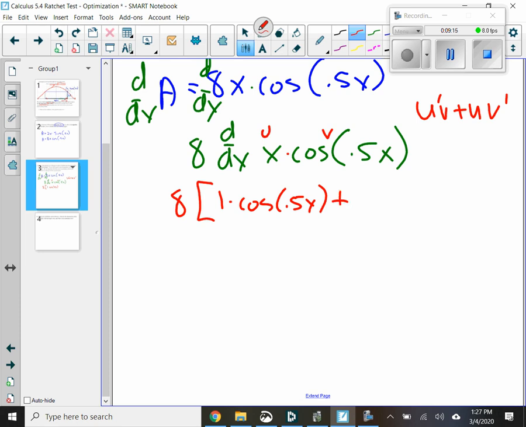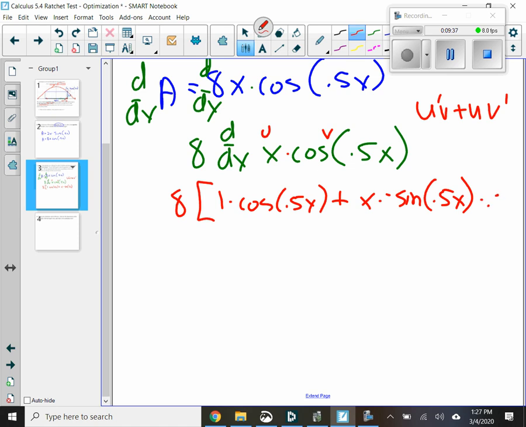plus x, and what's the derivative of cosine? Negative sine, isn't that right? So x times negative sine 0.5x times the derivative of the inside, 0.5.